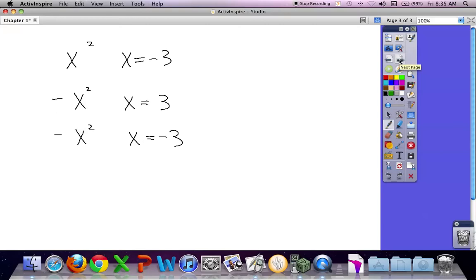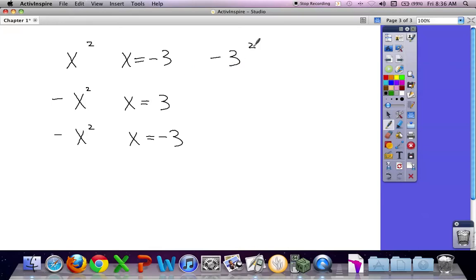When we're evaluating an algebraic expression, and there's squared terms and negative numbers, we make a lot of mistakes with that. Here's 3 examples to point this out. If I'm evaluating x squared and x equals -3, I'm substituting -3 for x. We should already know that.